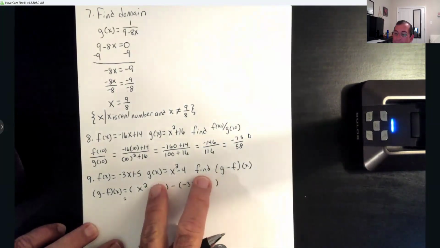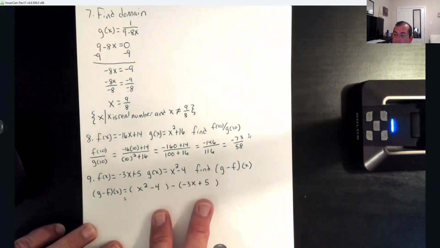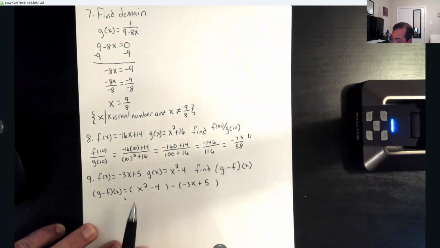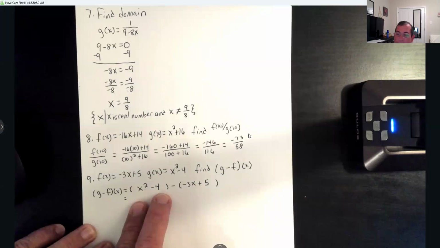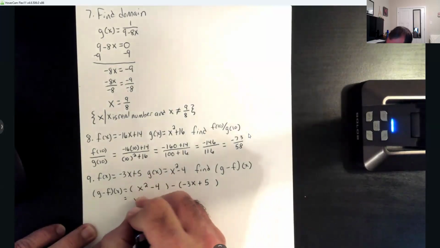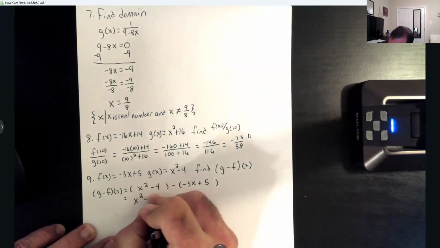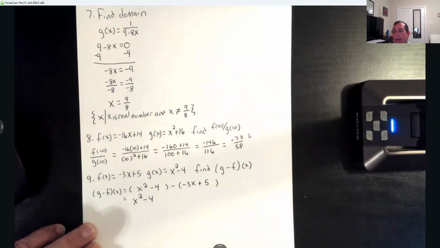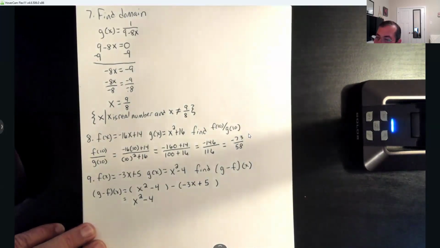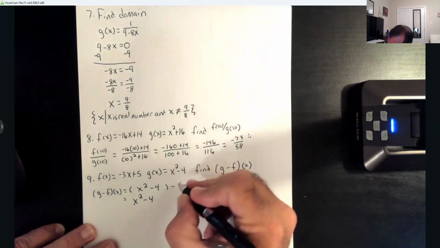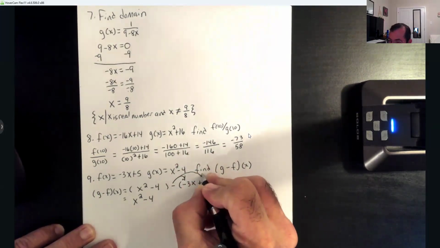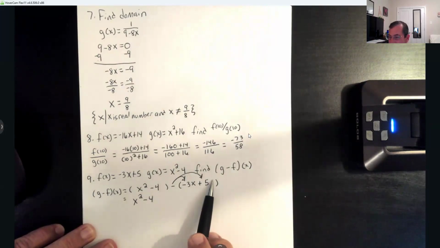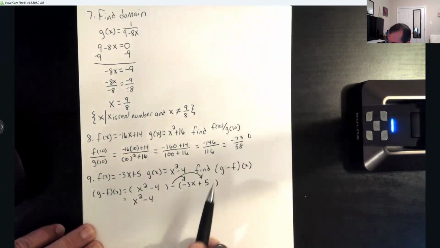So to simplify these, you got to drop these parentheses off. Now, there's nothing in front of the first parentheses, so I can drop these parentheses and bring everything out. Now, subtraction is tricky because you got to do one thing on subtraction. On subtraction, you got to distribute that subtraction to everything inside those parentheses.